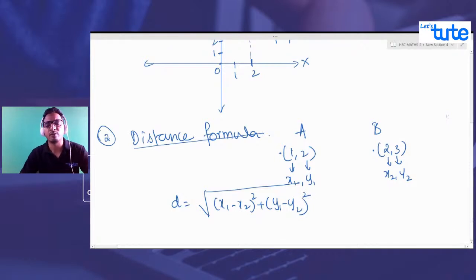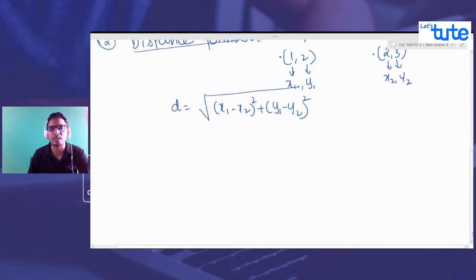And we have also seen that this formula can also be written as (x2 minus x1) whole squared plus (y2 minus y1) whole squared. Since we have the square of each term, it doesn't matter if we are subtracting x2 from x1 or x1 from x2, correct?